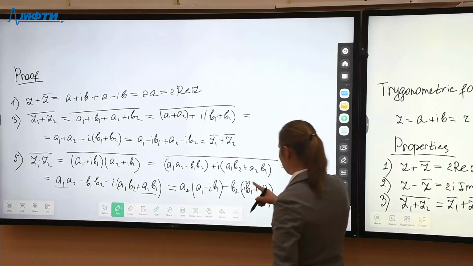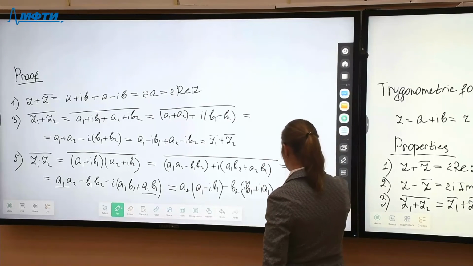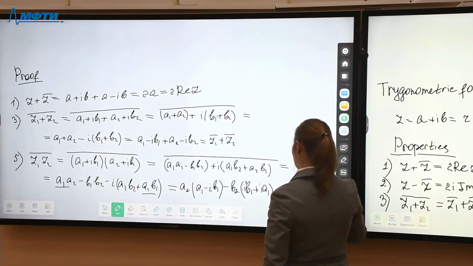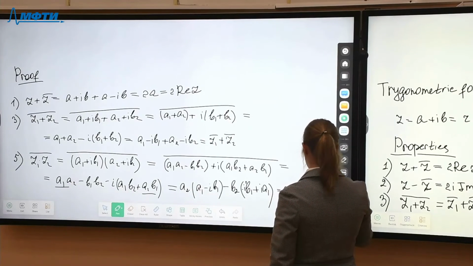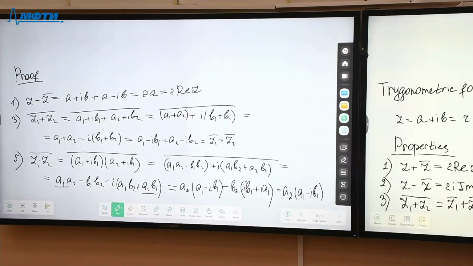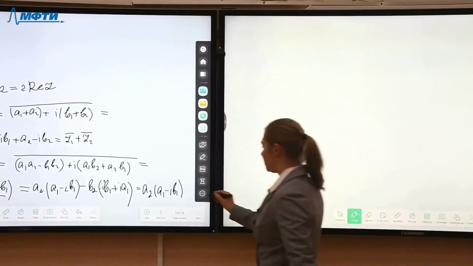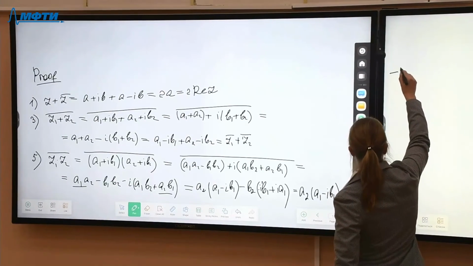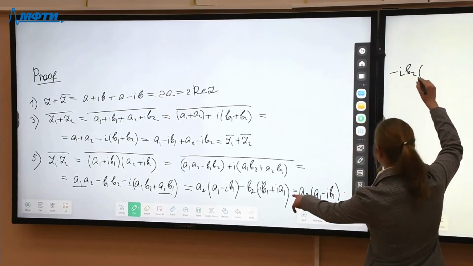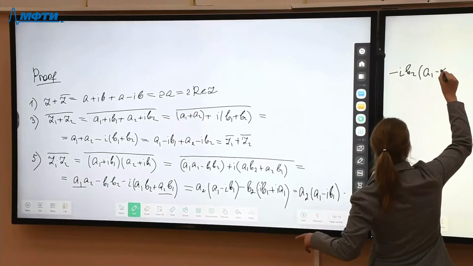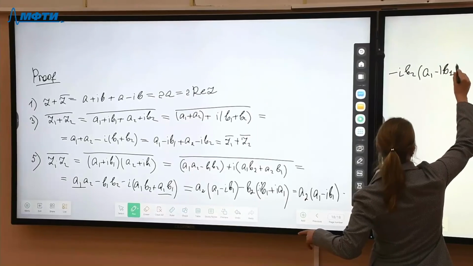So we can take i outside, and we will have a2, a1 minus i b1. And yes, we'll take i, not minus i, so outside. So minus i b2, and here is a1 minus i b1.